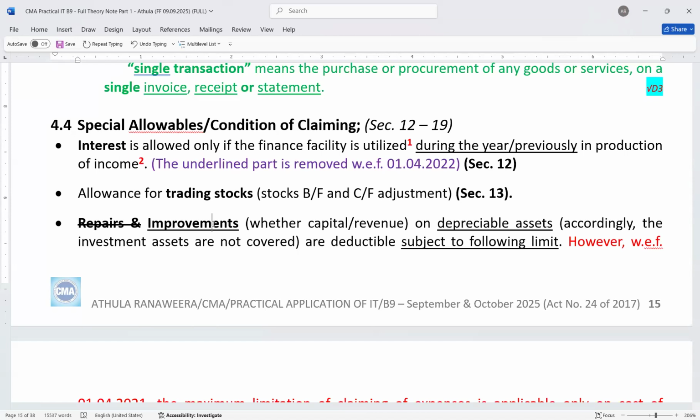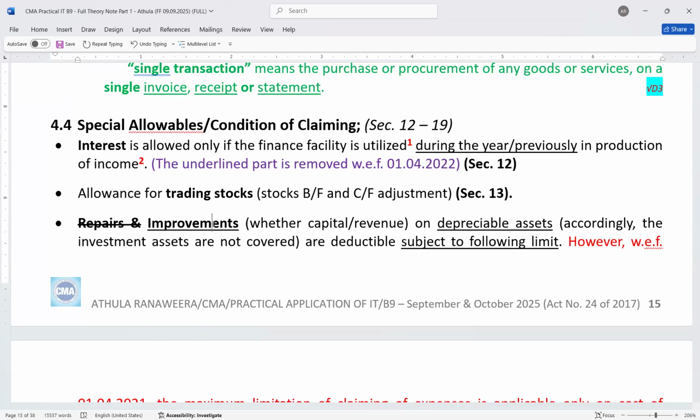Then in that case, whatever interest is paid by the company to the bank is not allowable. Why? They have not utilized that facility for the business purpose, production of income.